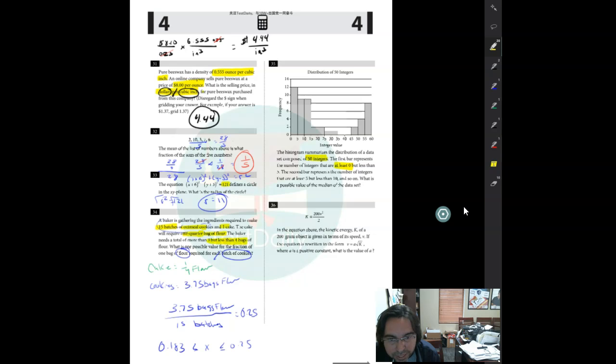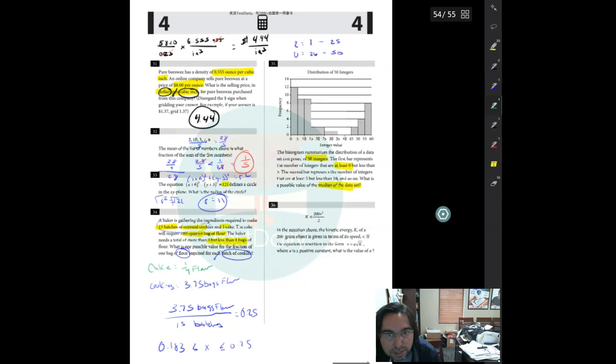What is one possible value of the median of the data set? Well, we have 50 values, so the lower half is 1 through 25, and the upper half is 26 through 50.